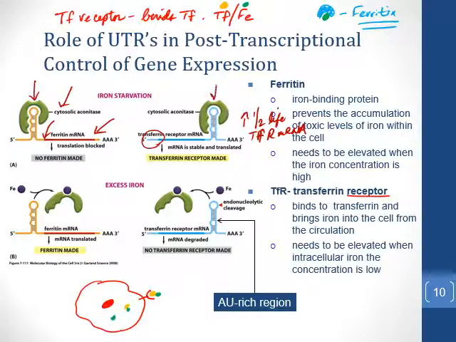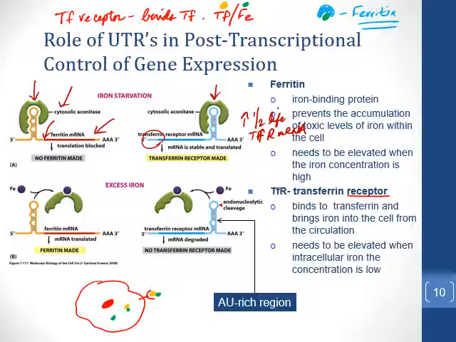But notice there's no iron bound to it, and there's no iron bound to it because you're under iron starvation conditions. But if you're under a condition in which you have too much iron, then the iron binds to that iron binding site. And when it does that, it causes the cytosolic aconitase to have a reduced affinity for both the 5' UTR of the ferritin mRNA and the 3' UTR of the transferrin receptor mRNA.